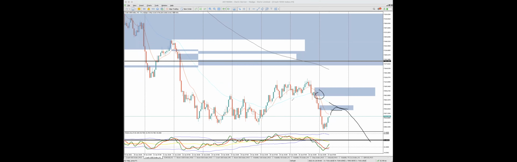So let's see what happens. Broken, broken, broken. It could be very bearish as well. So let's see what happens. We're looking for a reaction here and a trap up until this area.